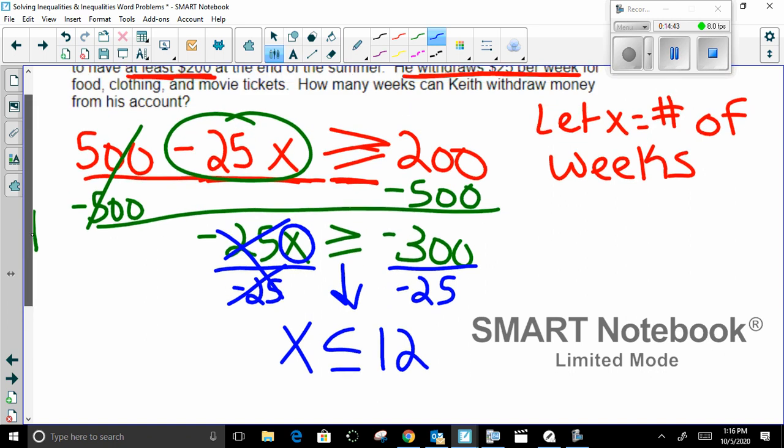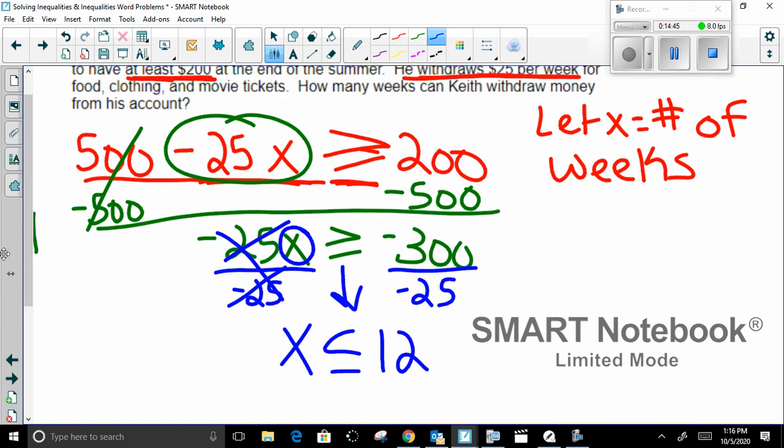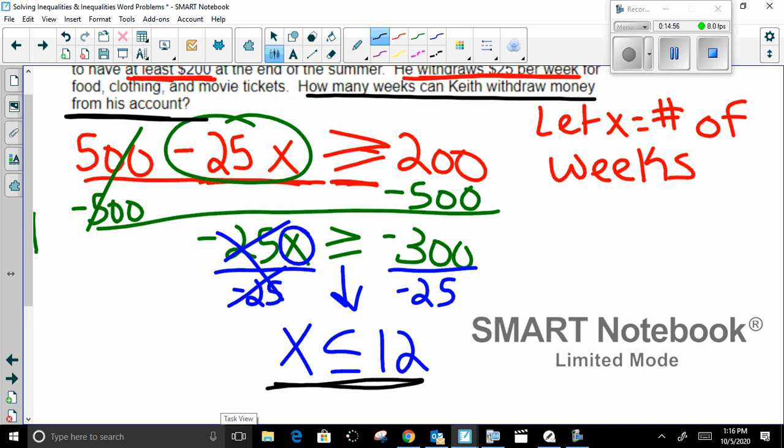Now remember, x was my number of weeks. So now let's answer the question. It says, how many weeks can Keith withdraw money from his account? Well, it has to be less than or equal to 12 weeks.